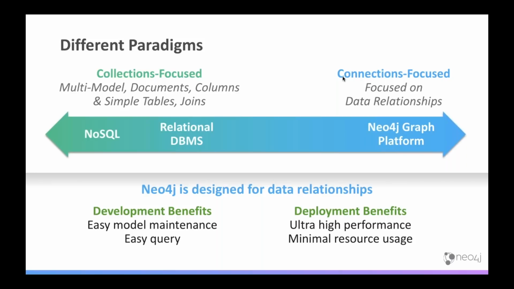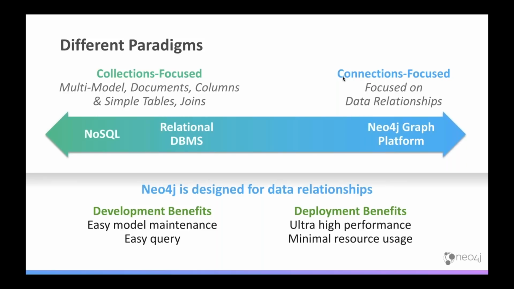Neo4j is the most clearly logically expressed possible way of expressing your data in a database. There's no duplication, there's no redundancy. Everything is stored on disk exactly as you'd have it in your conceptual model. So it's even more normalized. It's more likely to be normalized on the disk than with any relational database, and that gives you great advantages.